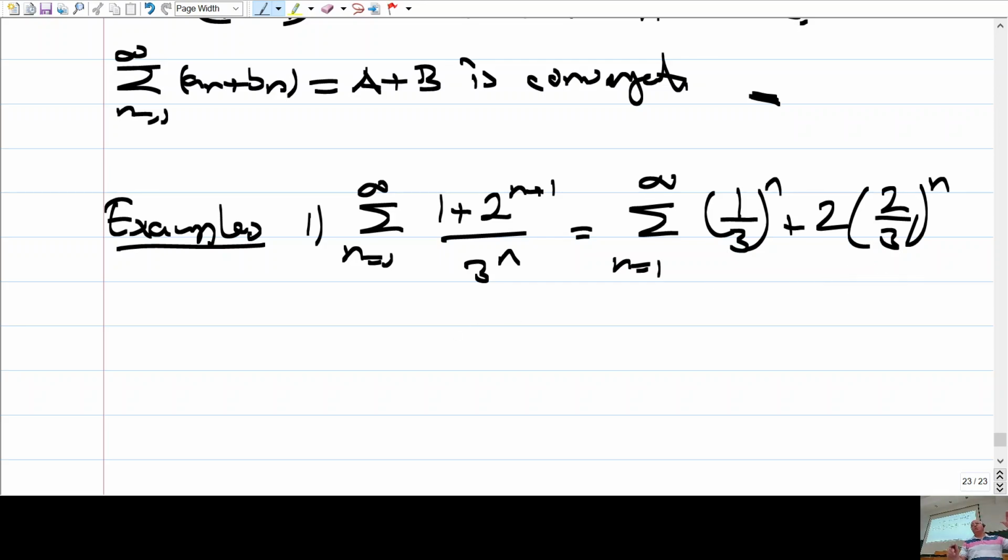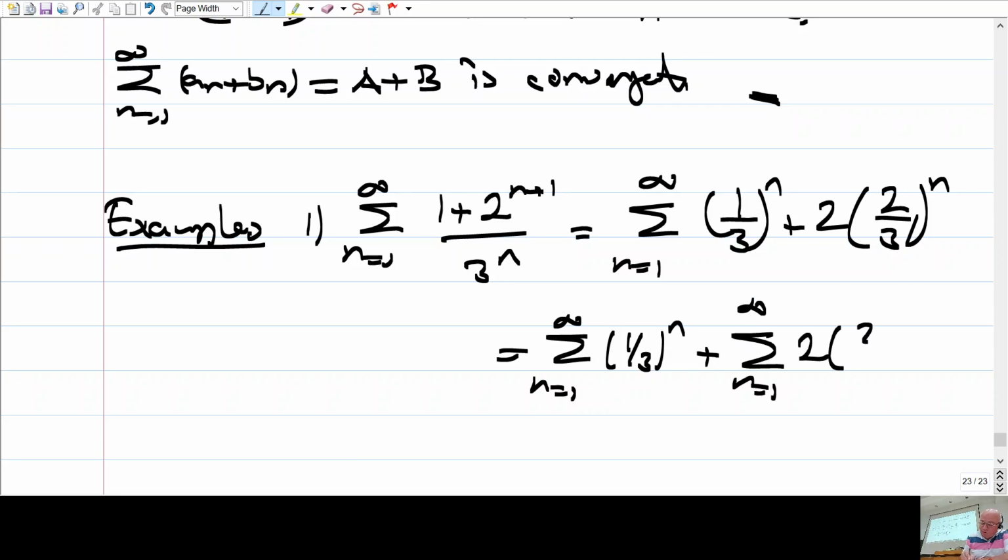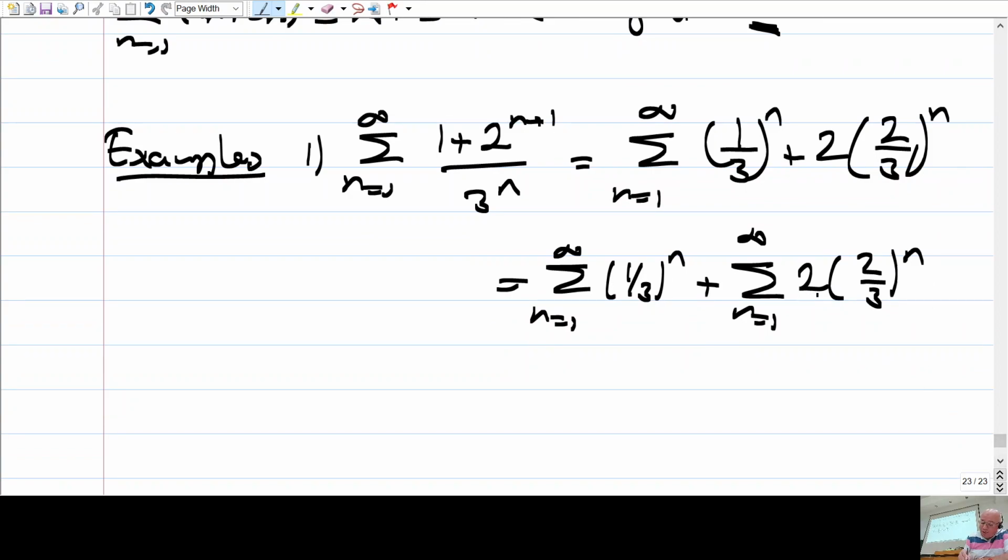And you are just adding these two series. Well, the sum will be convergent, and the sum of the two series will be just the sum of the values of those individual sums, right? So I can write it this way. This is just 1 over 3 to the power n. And then here, you see I have 2 times this. And here I can just take this constant out.